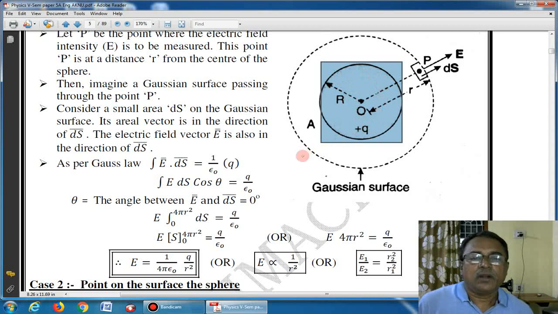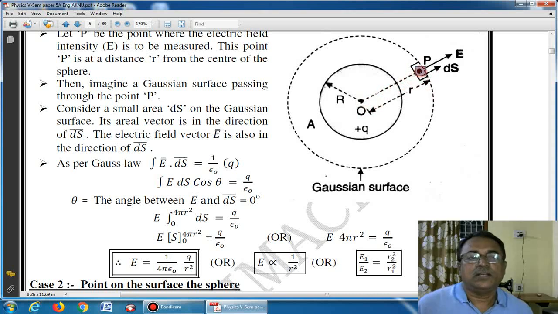And I want to measure the electric field intensity at the point P. This point P is at a distance r from the center of the sphere.